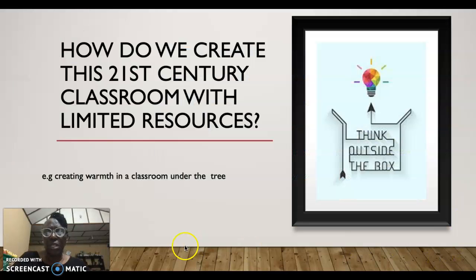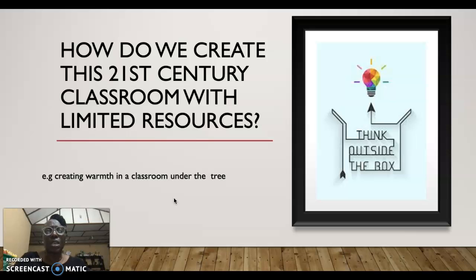For example, we talk about warmth. How can we create warmth under the tree? You have to think outside of the box to be able to do that. You may have limited resources, but you can create the way you present.